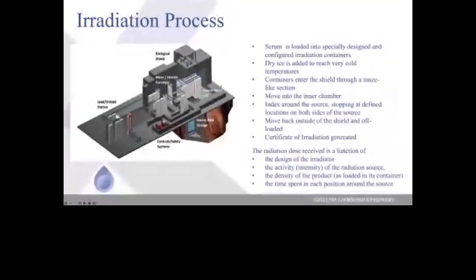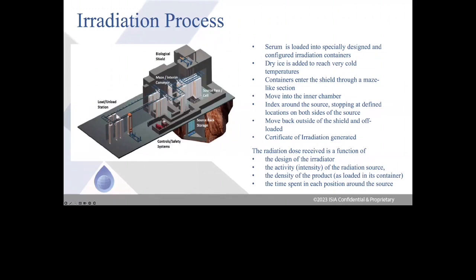So here's a picture of an irradiation facility. The serum is loaded into specially designed and configured irradiation containers, and most people have their own way of doing this, so it is company specific. The dry ice is added to the container in order to reach very cold temperatures.